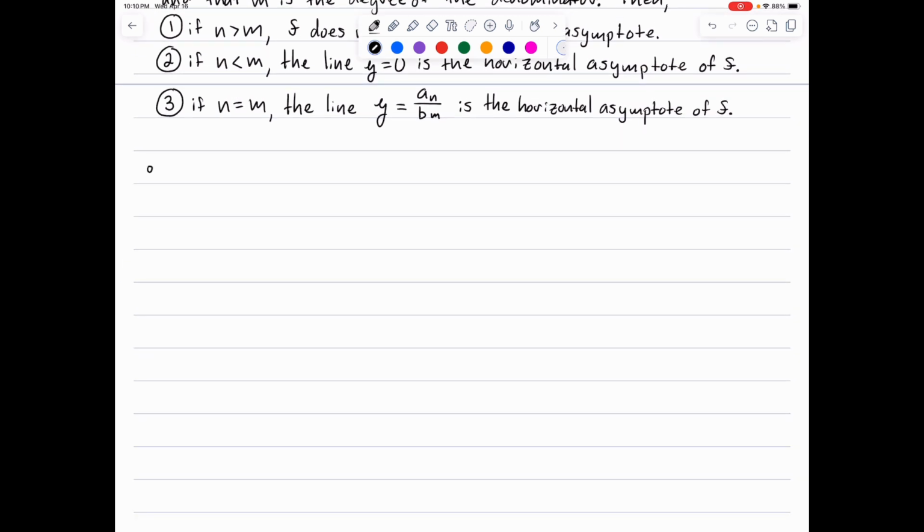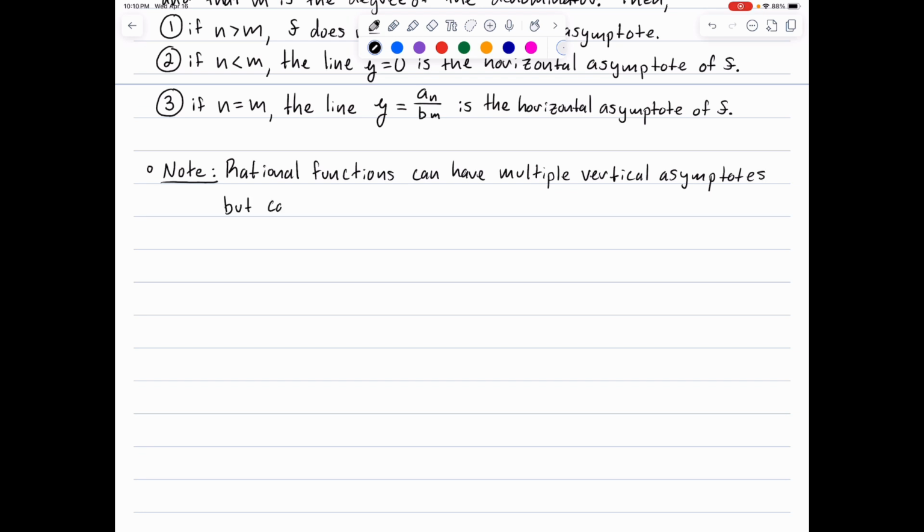So note, rational functions can have multiple vertical asymptotes but can only have at most one horizontal asymptote.